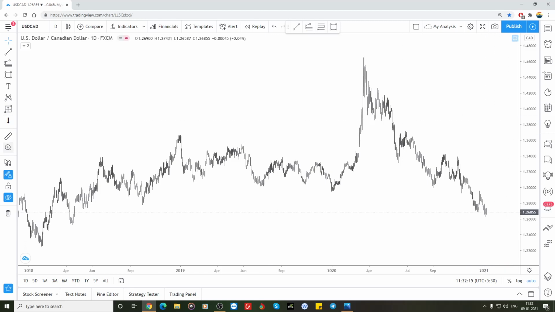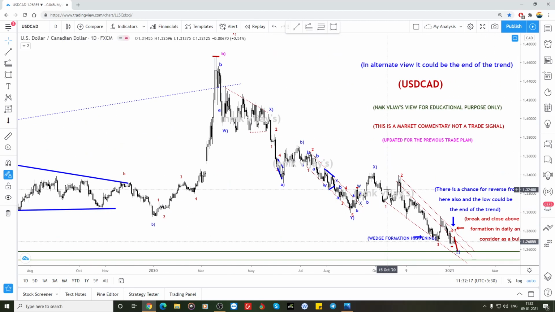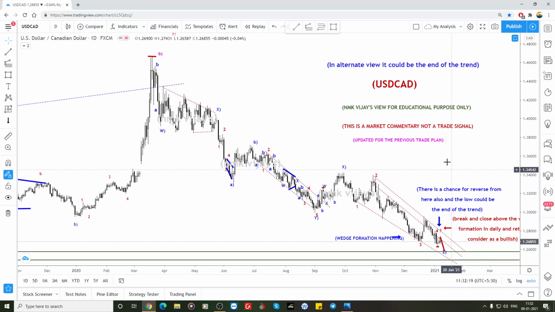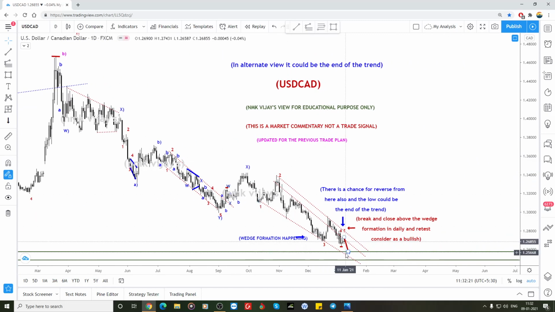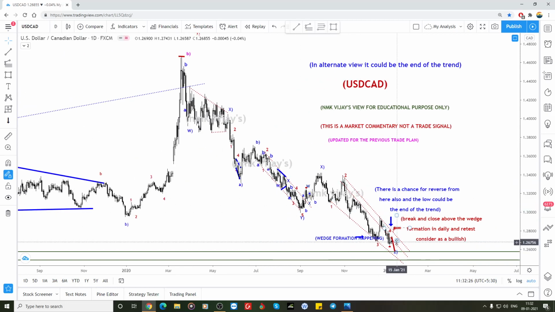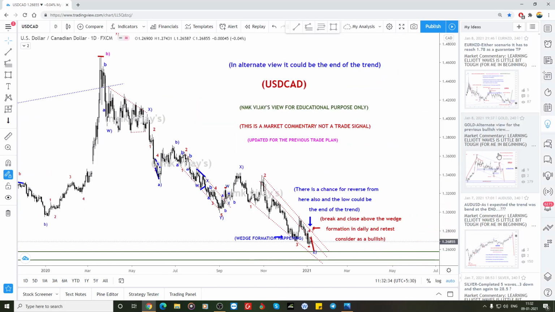In that zone we have to watch that, but the wedge formation happens here. So it will happen only in the final stage, or it could be a leading diagonal, which can be in the starting, but this is the ending. And I have already posted that, I will show you that.